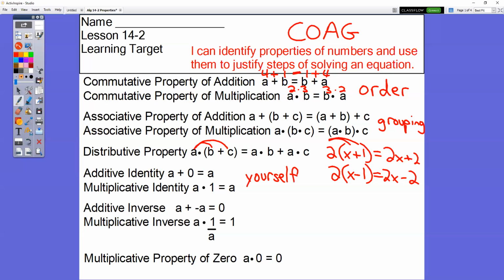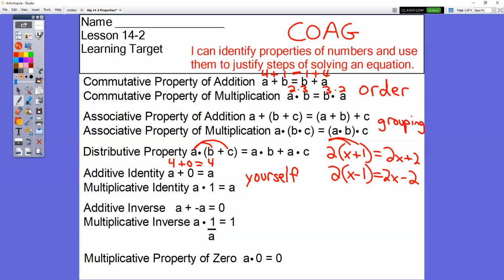So the identity, if you're trying to get yourself in the end, what number can you add to something to get yourself? Well, if we take a number like 4 and we add 0 to it, what are we going to get? You're going to get the number that you started off with. So your identity is yourself. You're looking to get yourself in the end.